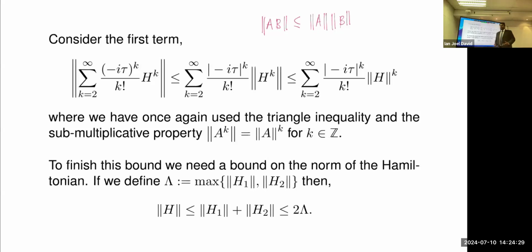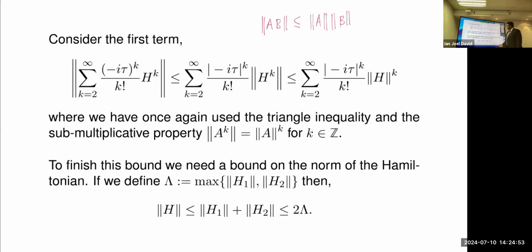So I haven't really told you much about what H is, its structure, or what form it has. I've only told you that it's a Hermitian operator. And now you need a way to bound this quantity here. And you'd be surprised to hear that you can actually do this without knowing anything about H. And that's what we do most of the time in quantum simulation, is we construct a bound for the norm of H without even knowing what H is.